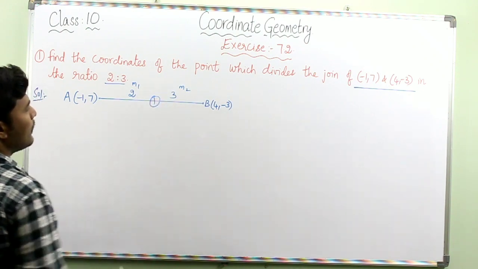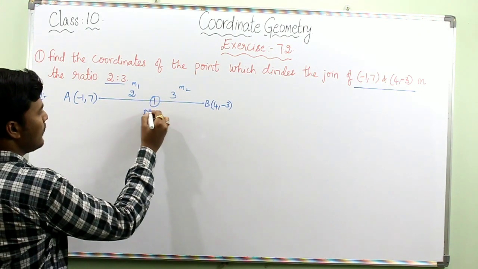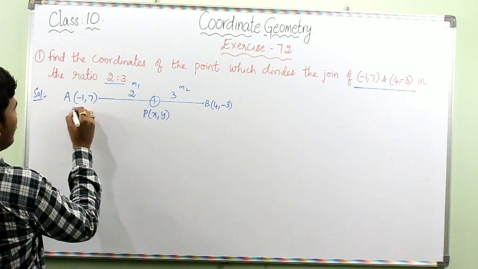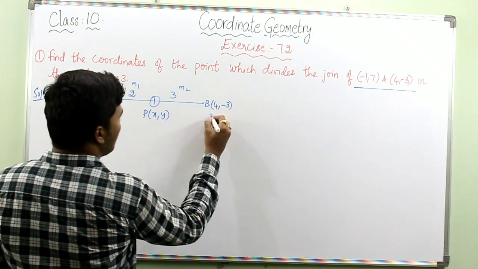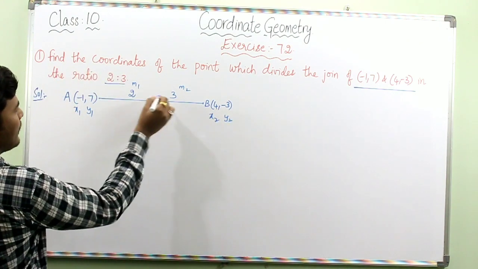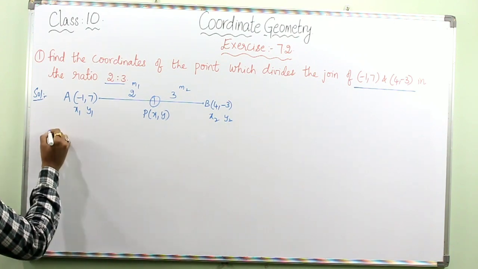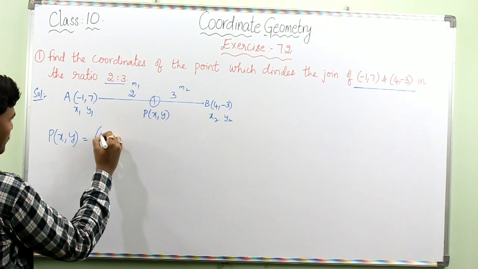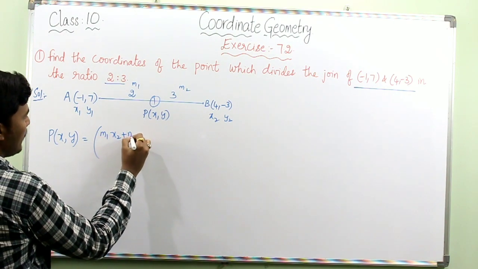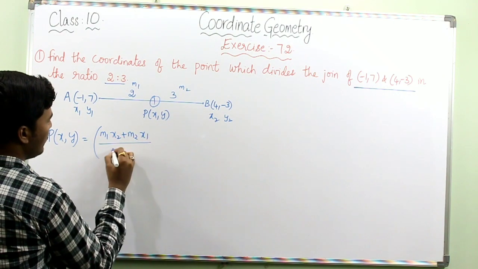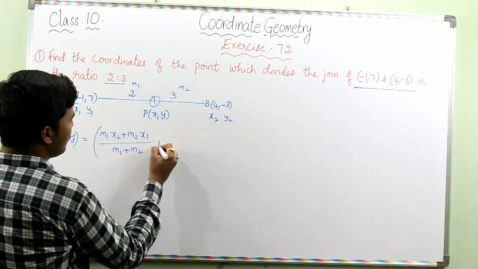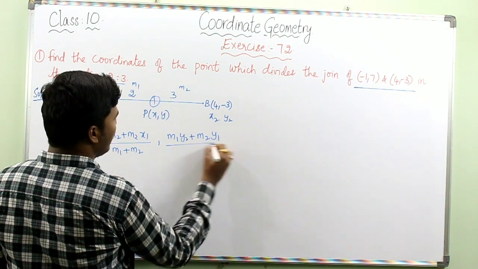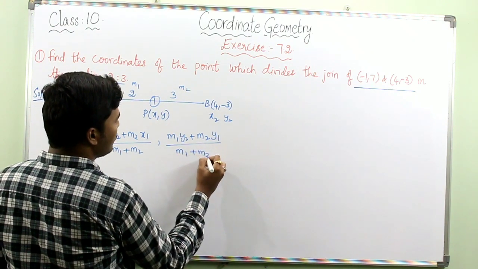We have to find out the coordinates of this point P, that is (x, y). We have x1, y1, x2, y2, m1 and m2. So the section formula is given by P(x, y) = ((m1 x2 + m2 x1)/(m1 + m2), (m1 y2 + m2 y1)/(m1 + m2)).